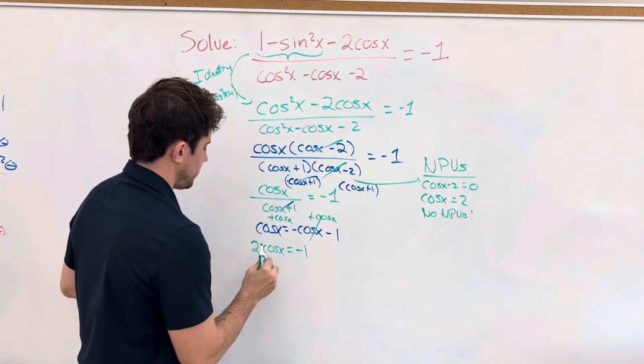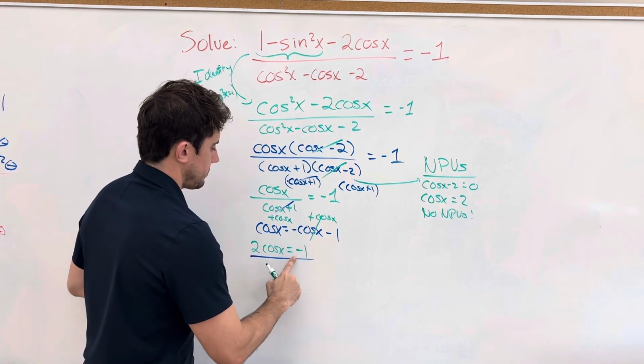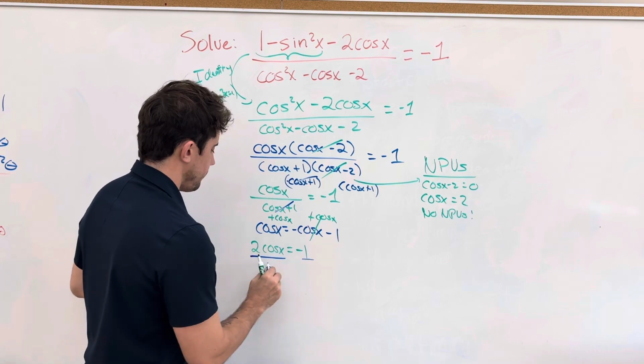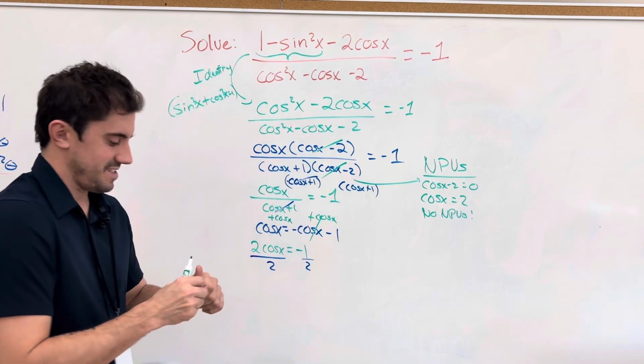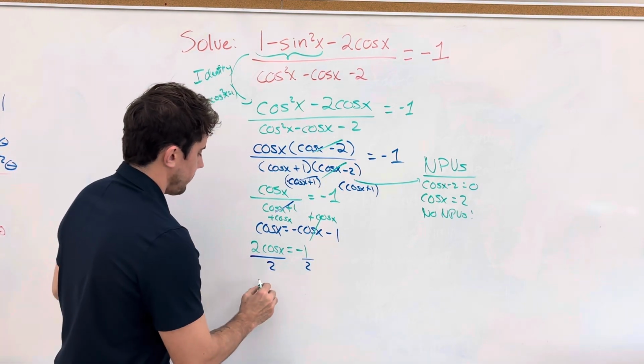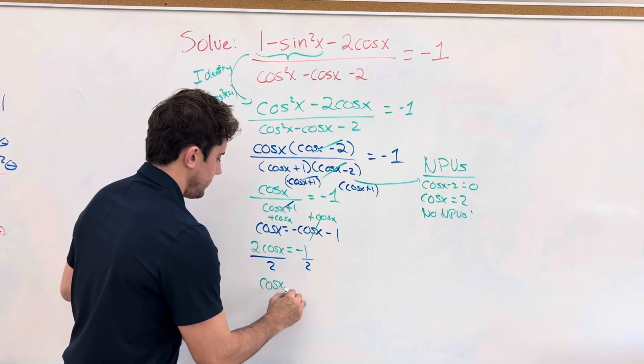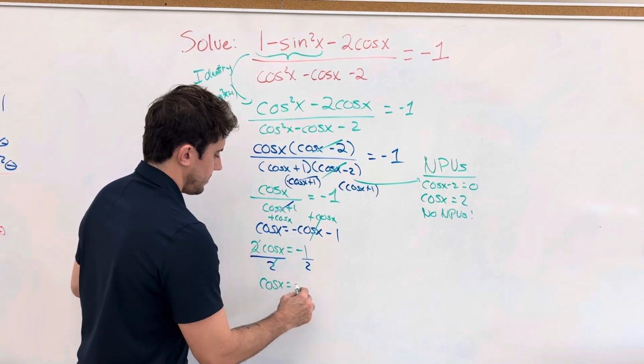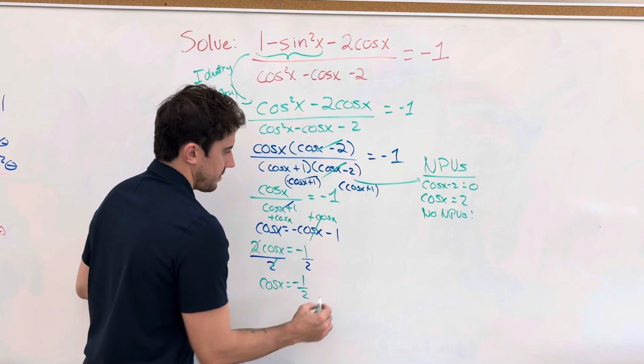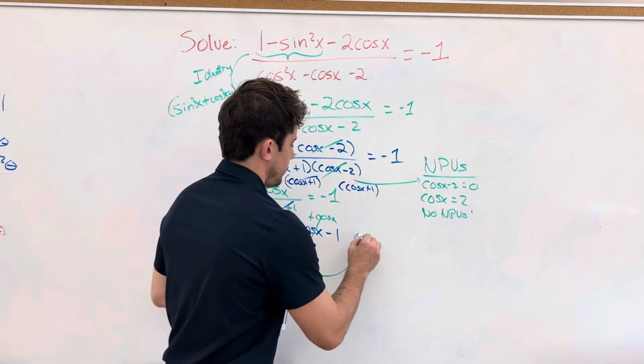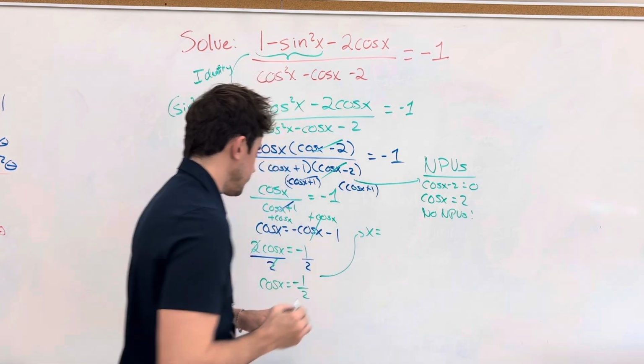And so we are solving the equation cos of x is equal to negative 1/2, meaning that we grab solutions.